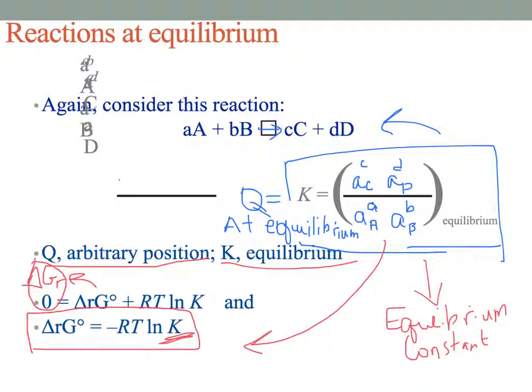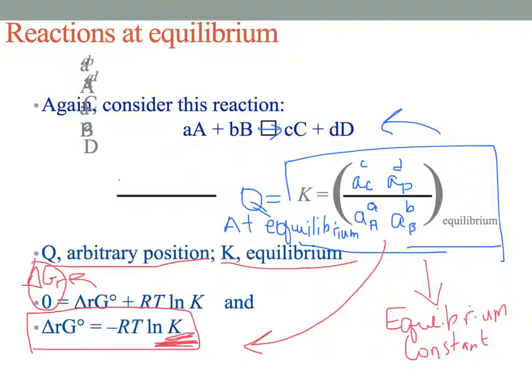Or if we know the standard reaction Gibbs energy for a particular reaction, we can then calculate the equilibrium constant from that value. So two different things that we can get from this equation.